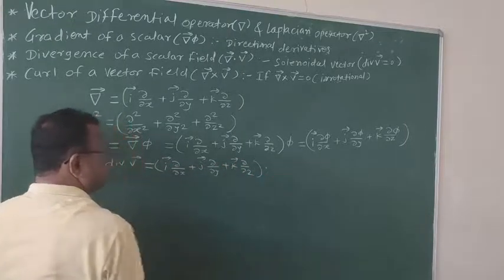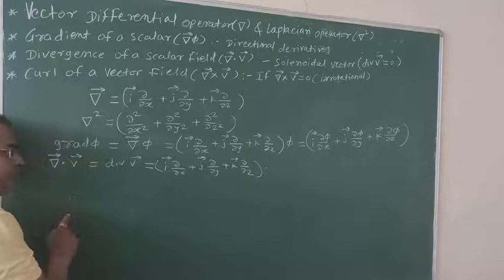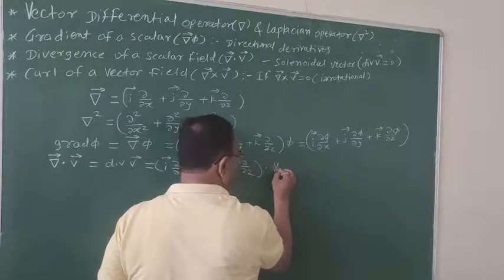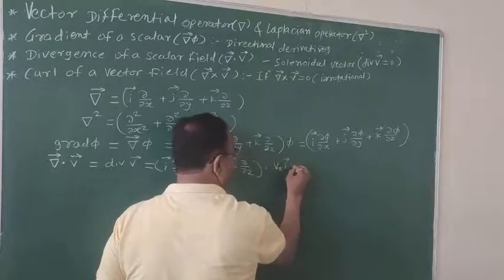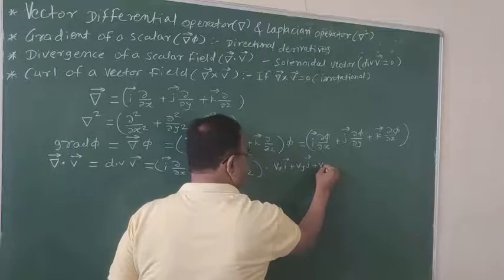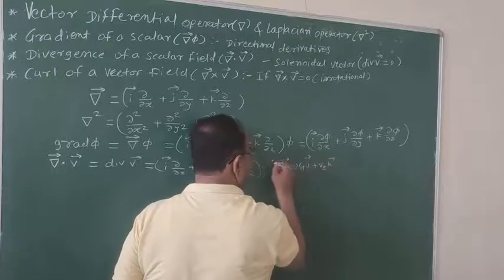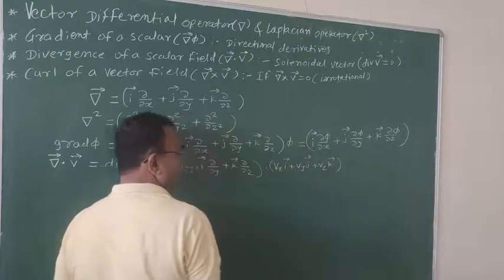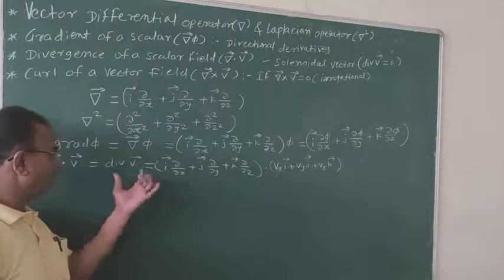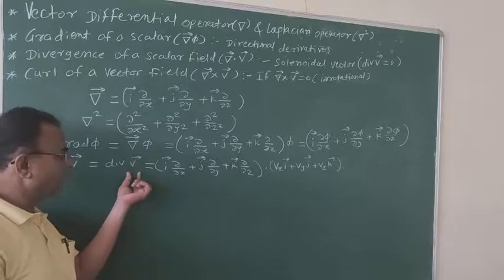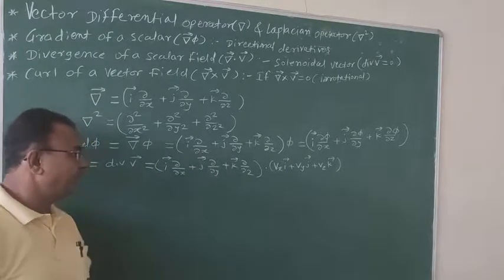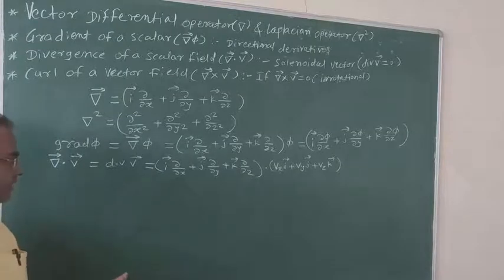dot with V bar, which is a vector field that can be written in component form as Vx i bar plus Vy j bar plus Vz k bar, where Vx, Vy and Vz are the components of vector field V bar along the x, y and z directions respectively.